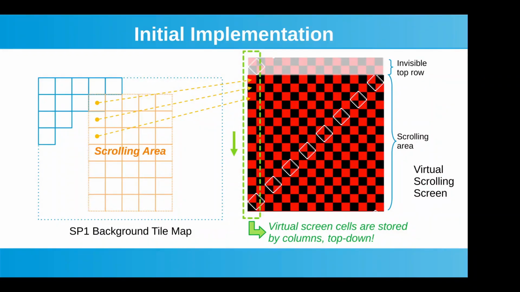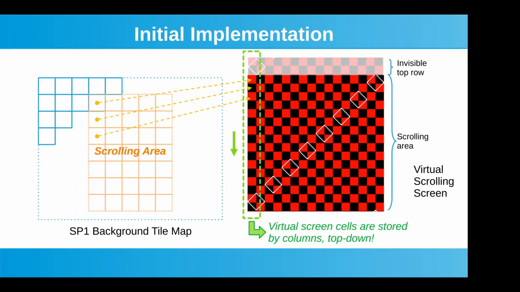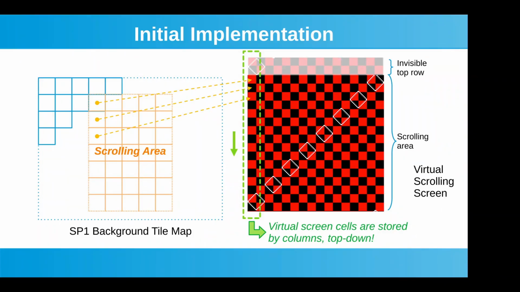First, we have already arranged the virtual screen in columnar order, as can be seen in the green lines there. Virtual screen cells are stored by columns top down, and then going left to right for each of the columns. And in the SP1 background tile map, the cells are set to point to the corresponding definitions in the virtual screen.